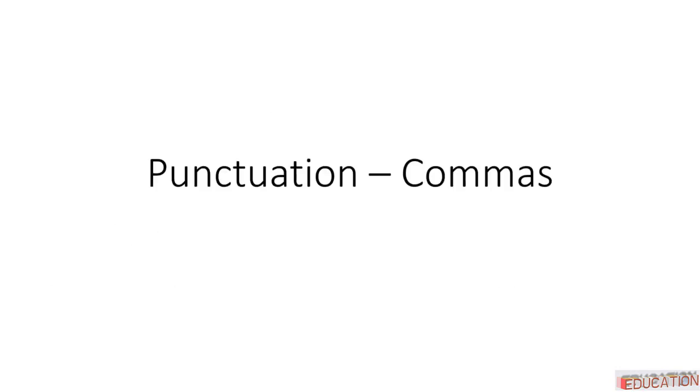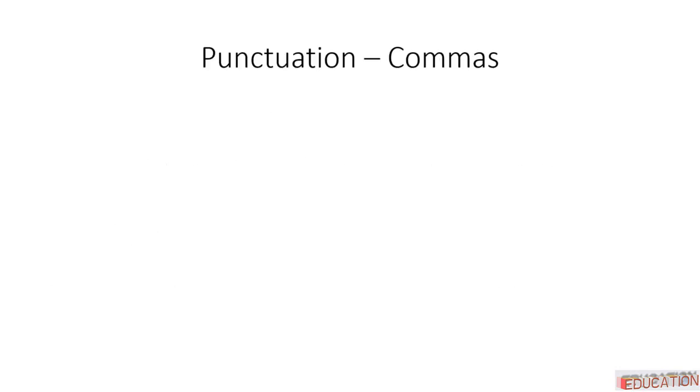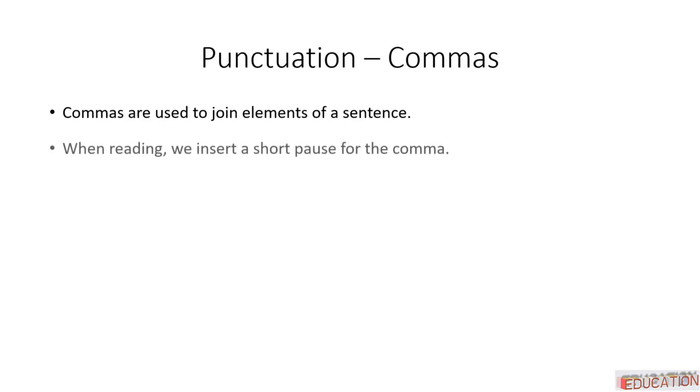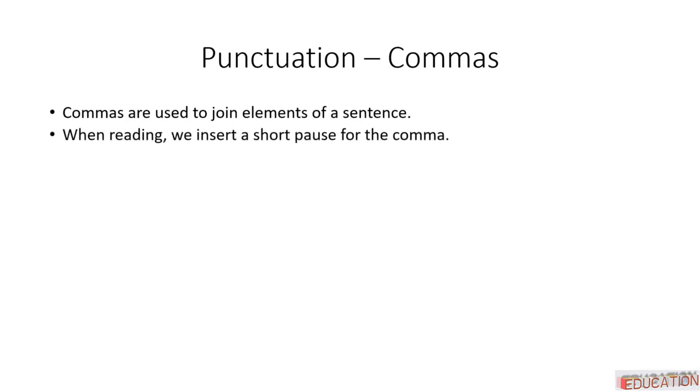This lesson is on commas. Now, commas are used to join elements of a sentence. And when reading, we insert a short pause for the comma, as I did just then. And there are differences between UK and US rules for comma use.